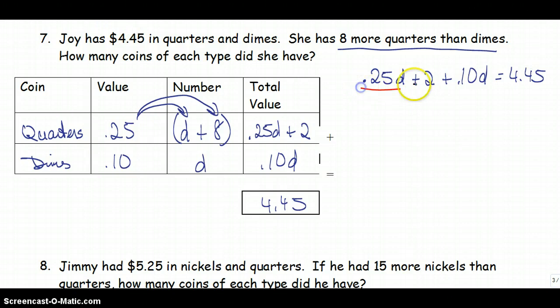Going to combine my like terms. So I have 0.35D. Signs were the same, so I added and kept the sign. Plus 2 is equal to $4.45. Subtract 2 from both sides.